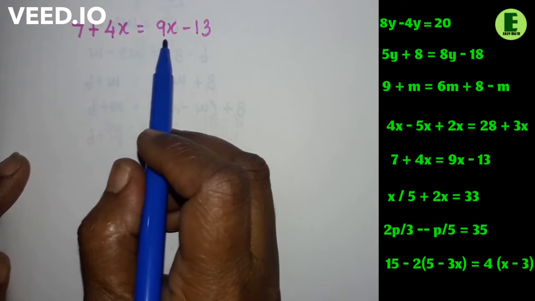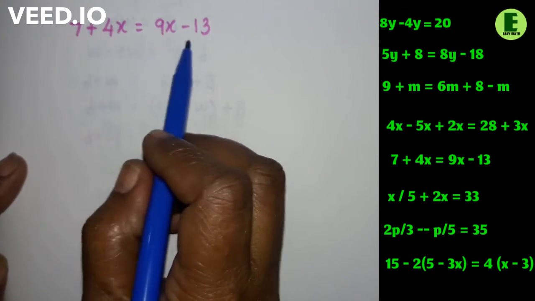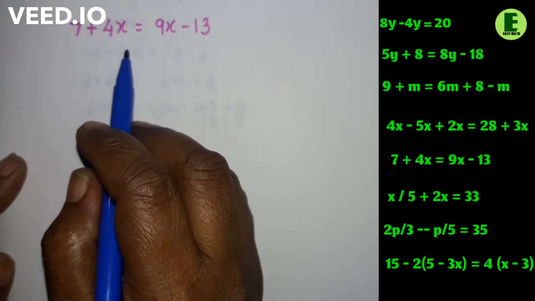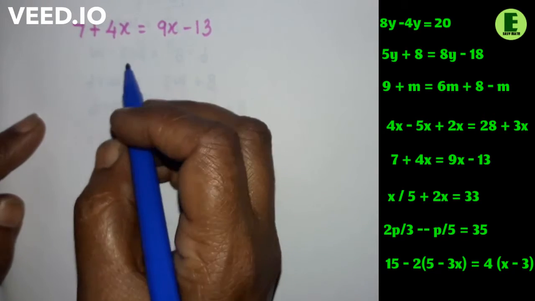7 plus 4x is equal to 9x minus 13. We have a mixed form on both the sides. So the constants and variables are mixed. So let us transpose all the variables towards the left hand side.